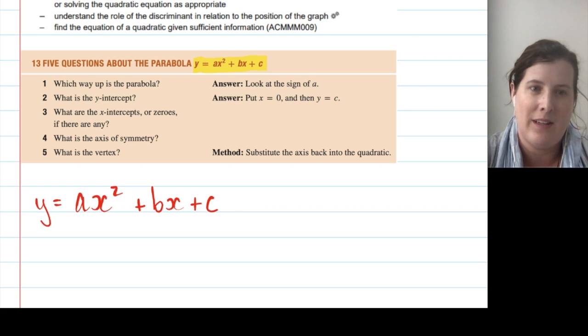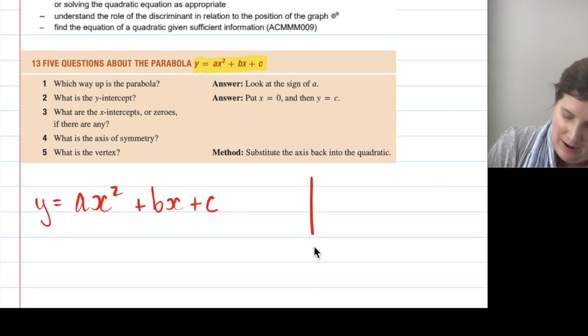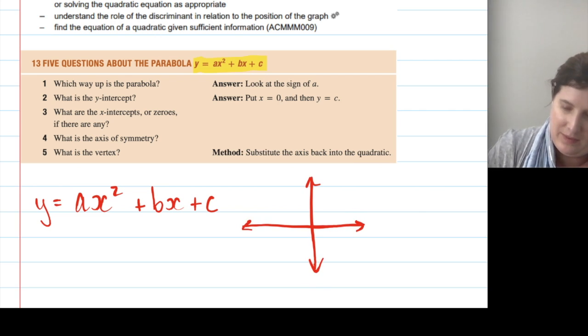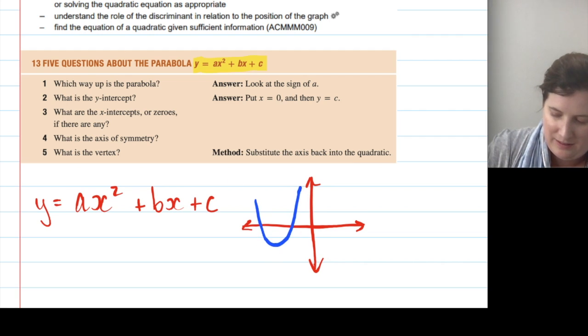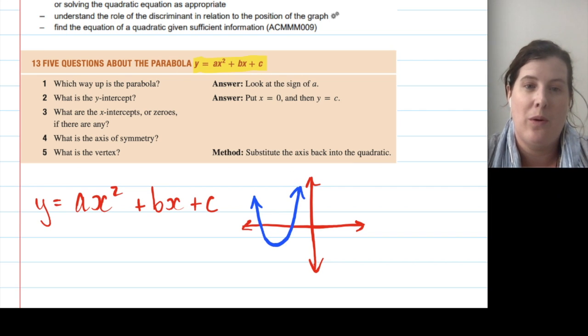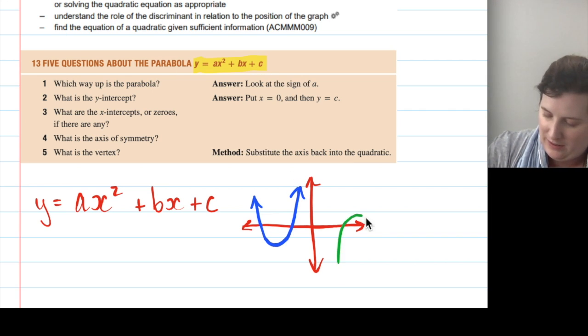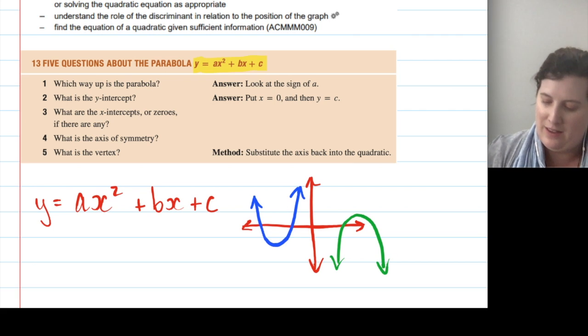Parabolas, if I've got my y-axis and my x-axis, might look like this and keep going that way and that way, or maybe like this, and it keeps going that way and that way.